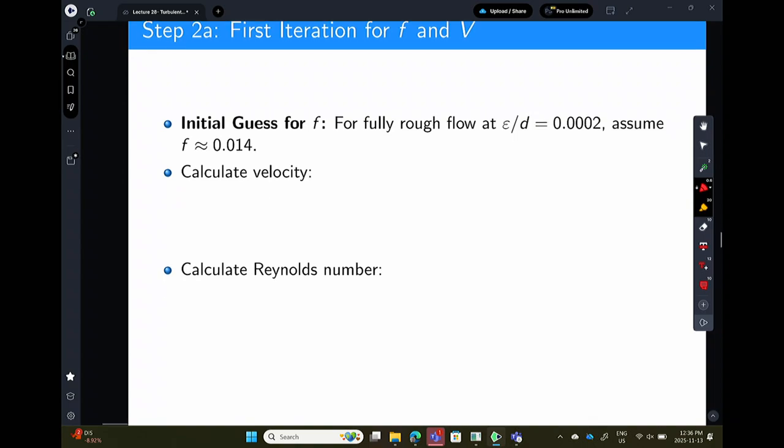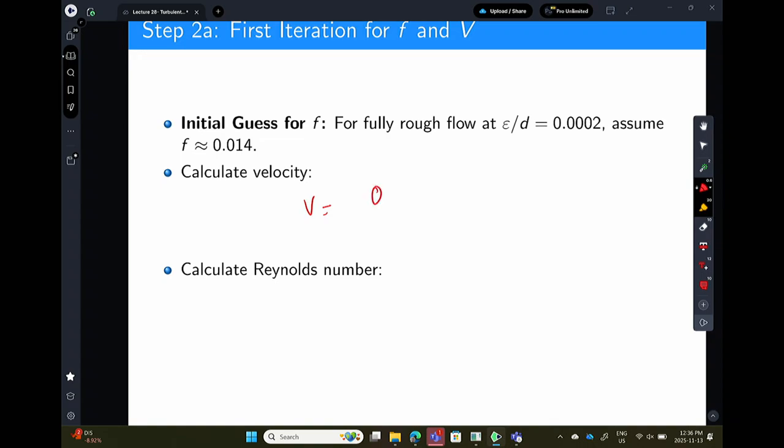So for the initial guess, I'm going to guess fully rough flow, start with that, and if I do that, I'm going to get a friction factor of about 0.014. I'll show you that on the Moody diagram. But first, let's just calculate what my velocity is and see what happens with that.